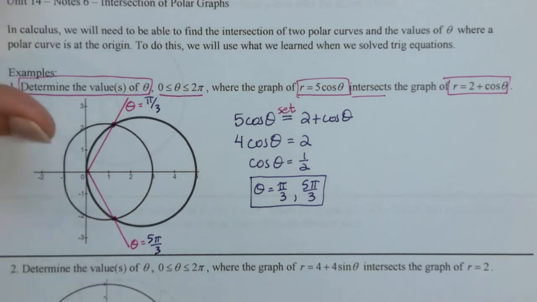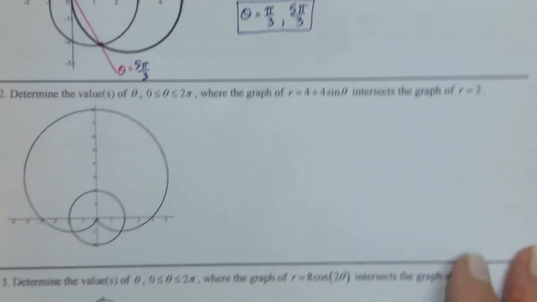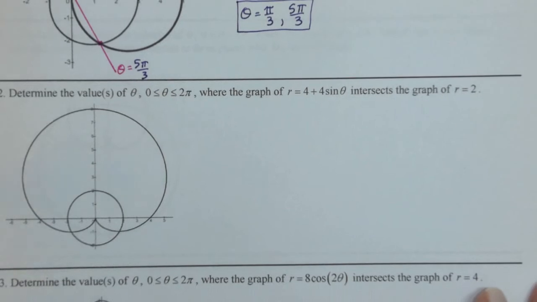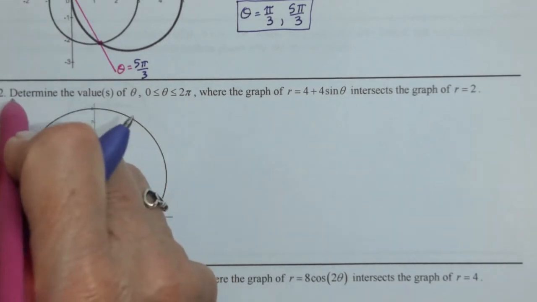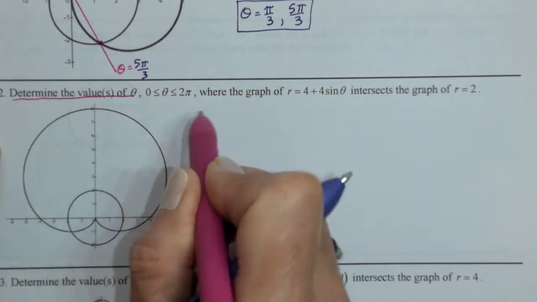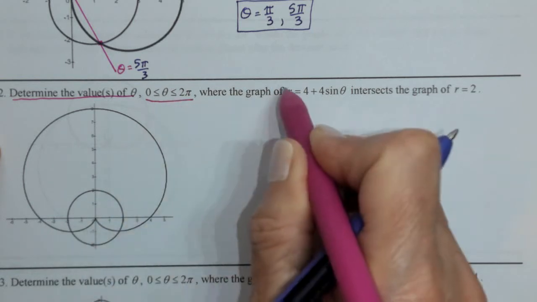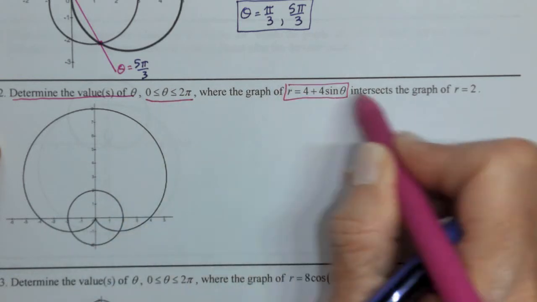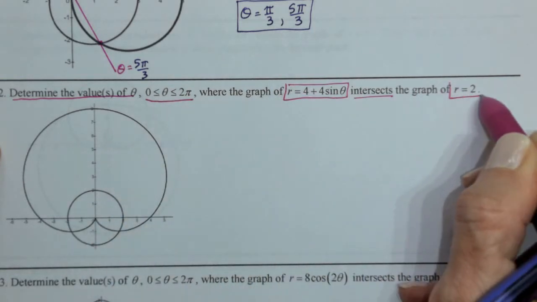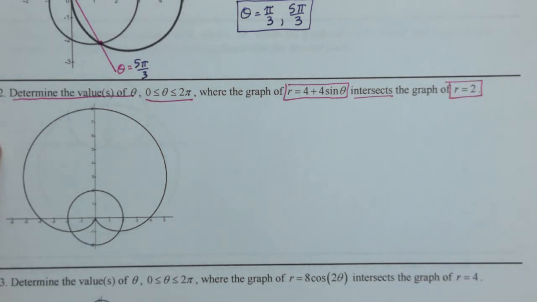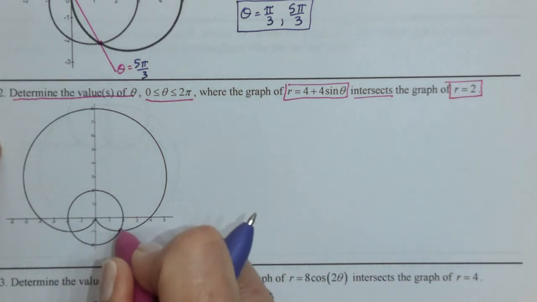Okay? Let's do another one. Let's determine the values of theta. We're going to be always finding values of theta here between 0 and 2 pi where this graph intersects this graph. Well, I can see where they intersect.